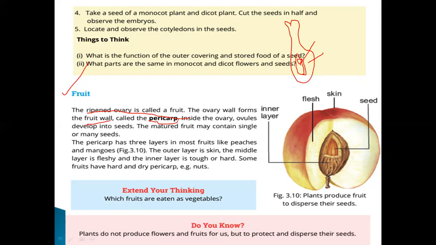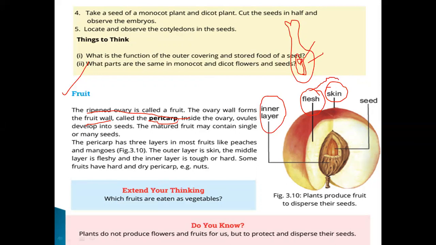The fruit wall does not have only one skin layer, but is composed of 3 layers. Number 1 is skin, number 2 flesh, and number 3 inner layer.